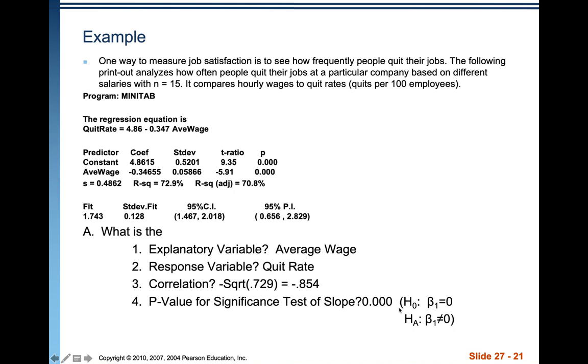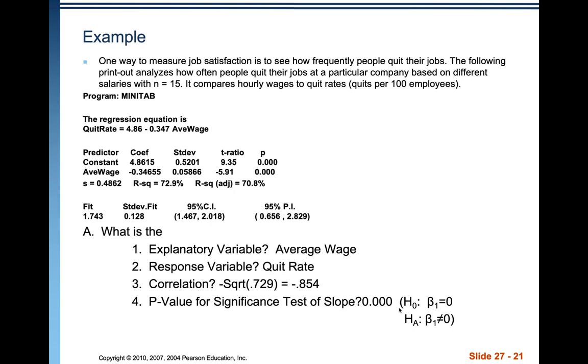The correlation: they give us R squared, so we're going to have to take the square root, and to determine whether we want the positive or negative square root, we consider the sign of the slope, because the sign of r is the same as the sign of the slope. Since we have a negative slope, we have a negative correlation. The square root of 0.729 with a negative applied gives us negative 0.854.